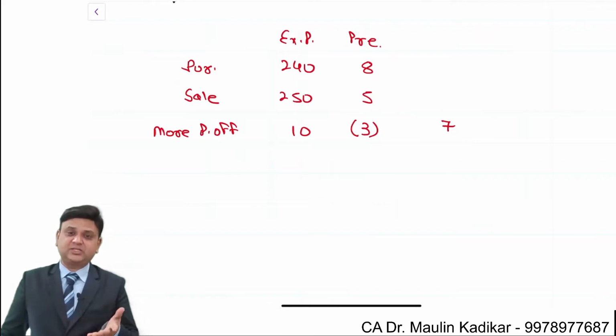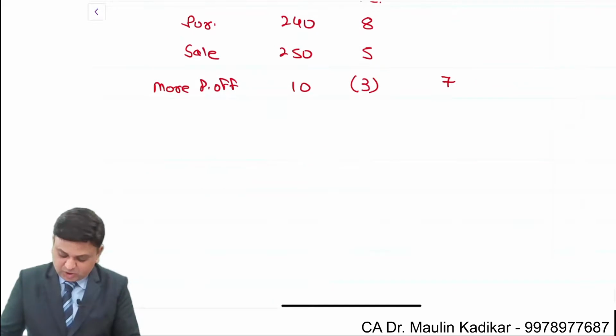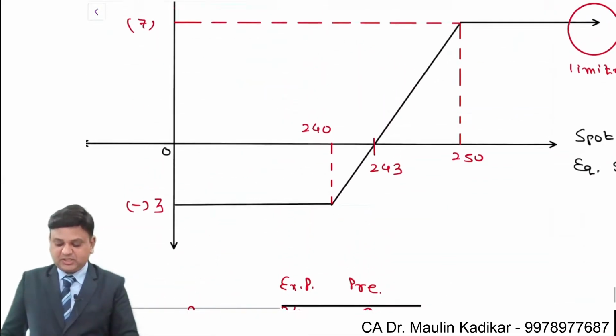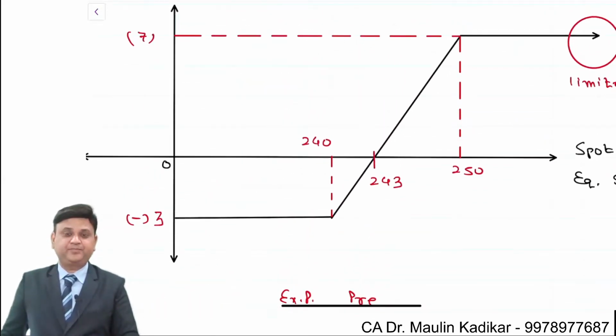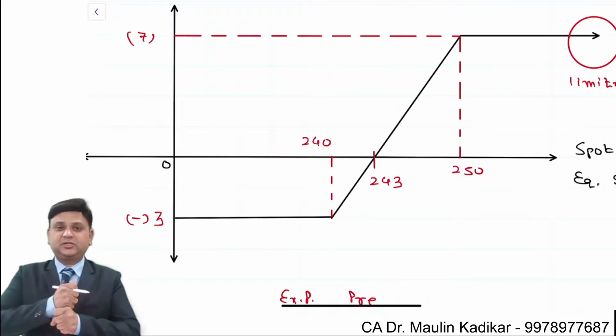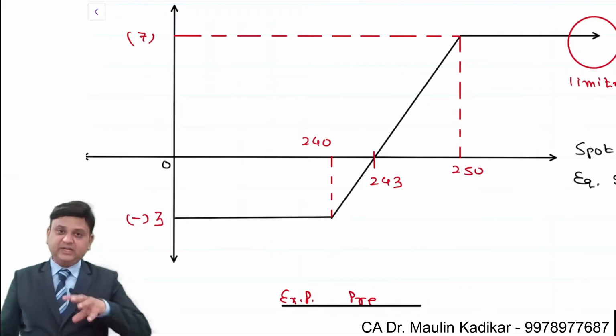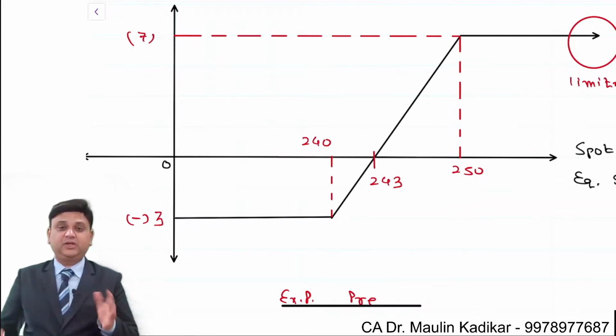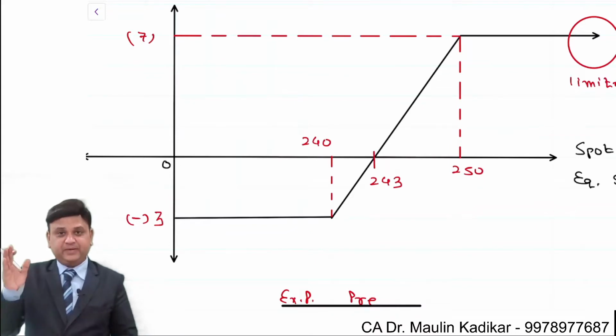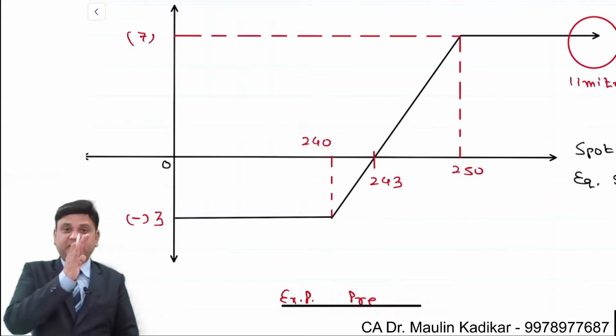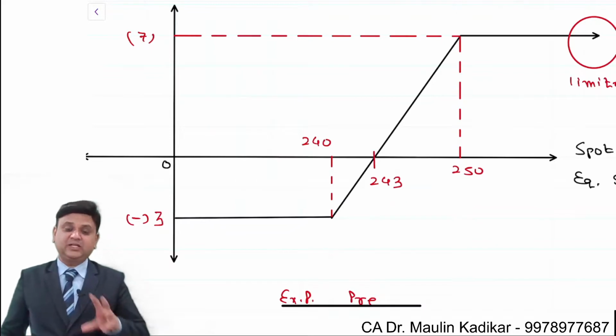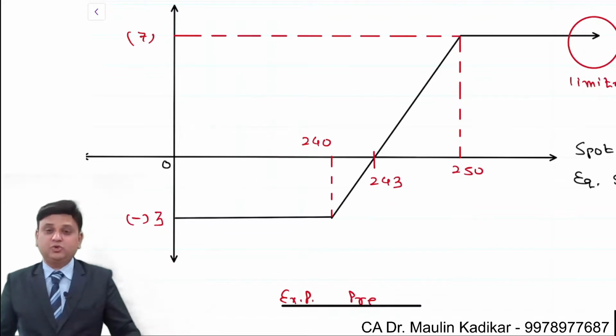And if there is a situation that none of the options is exercised, then your loss will not exceed the amount of the premium that you have paid, that is rupees 3. This is the logic of this strategy. Even if the market has too much volatility, whether the price increases substantially or decreases substantially, you will not have a huge profit and not a huge loss.